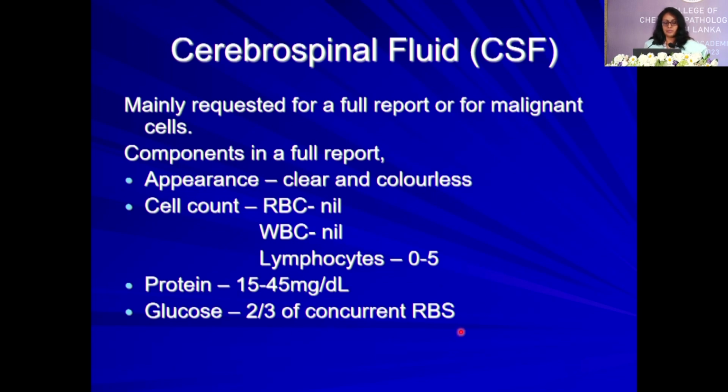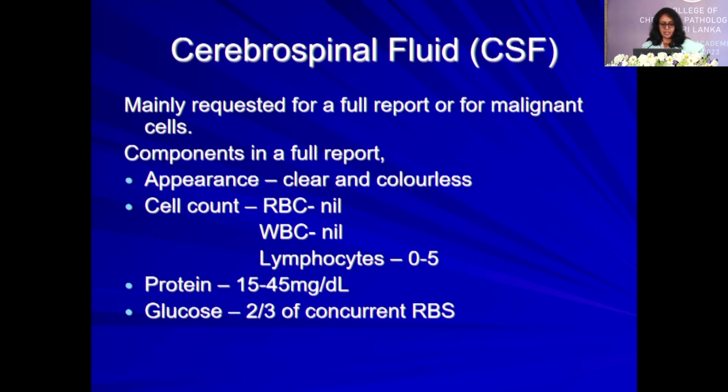That means if they request CSF glucose, the clinicians should send a sample of random blood sugar at the same time they obtain the CSF, because the CSF glucose level equals two-thirds of the concurrent random blood sugar level.